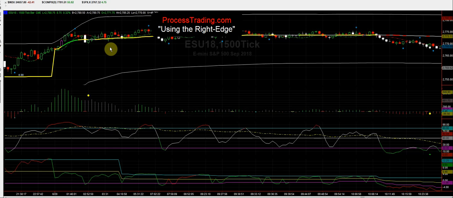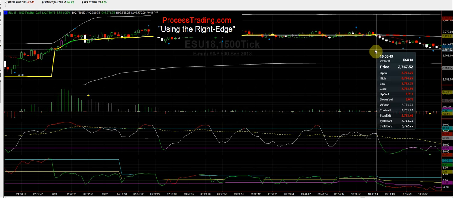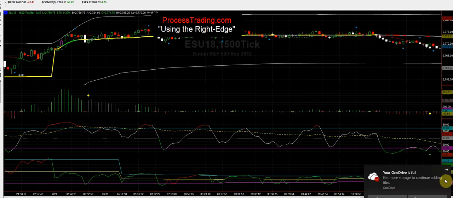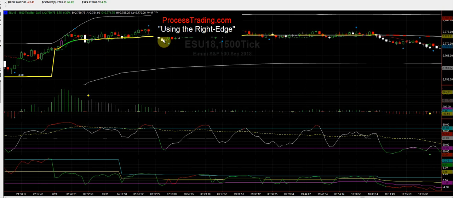Well, overnight, from 2 o'clock in the morning until this period over here, until about 10 o'clock this morning, just visually, you can see prices just moving laterally right through the VWAP. Yeah, it does go a little above it, a little below it, etc. But basically, you can just visually see that it's moving laterally, or horizontally.